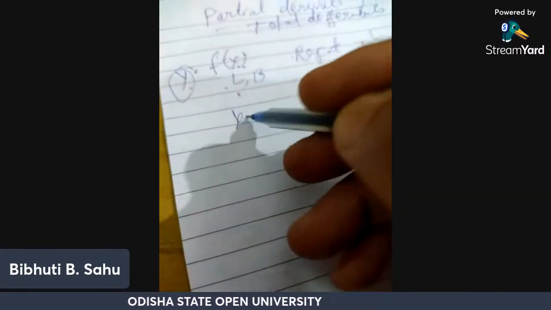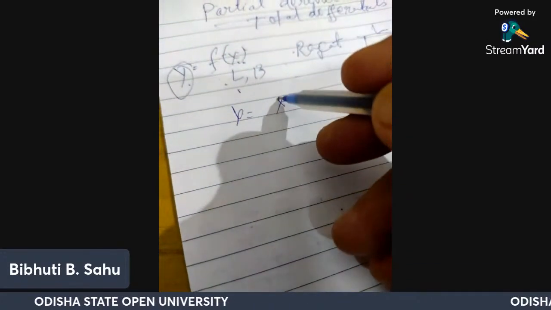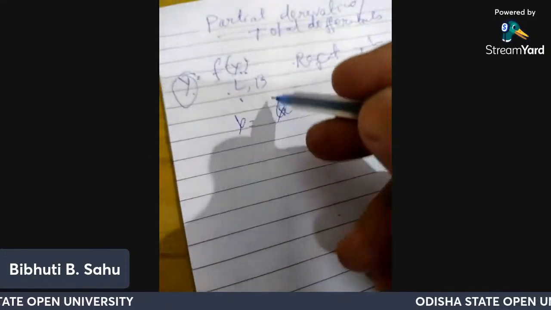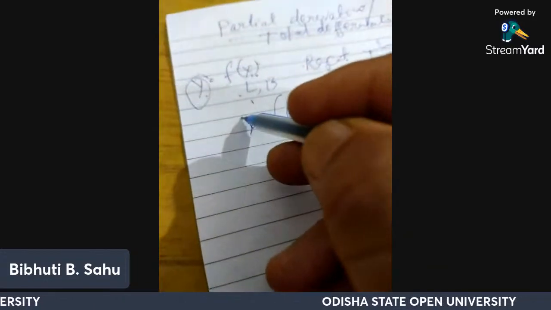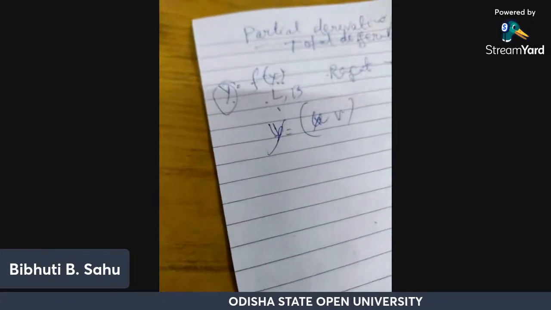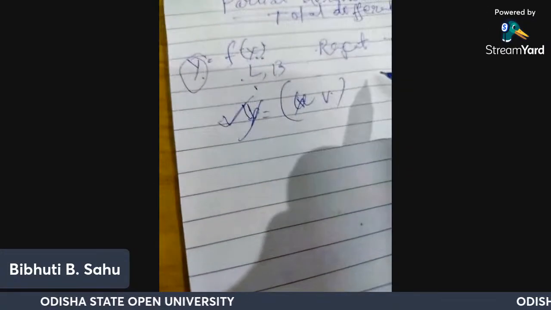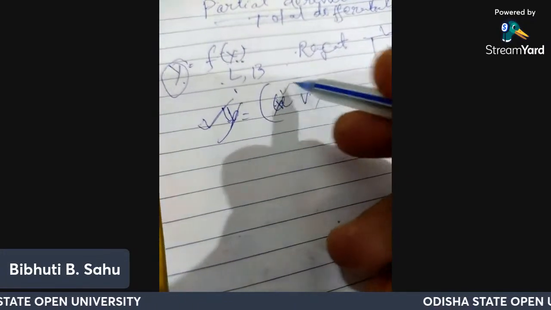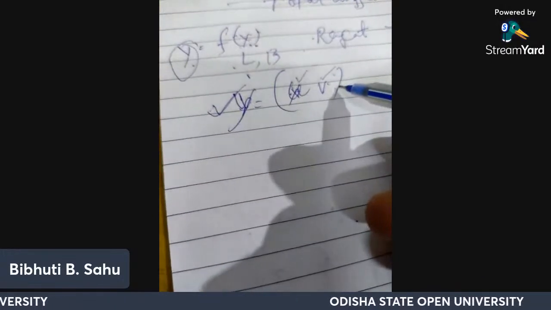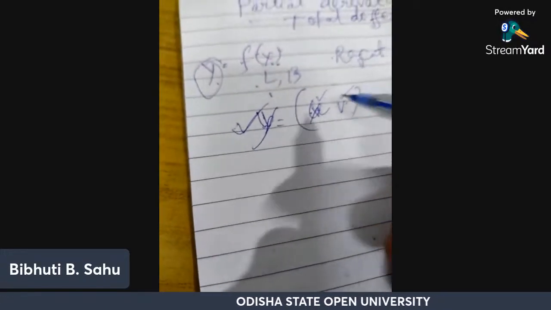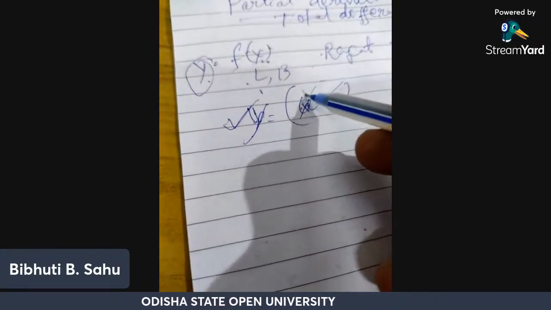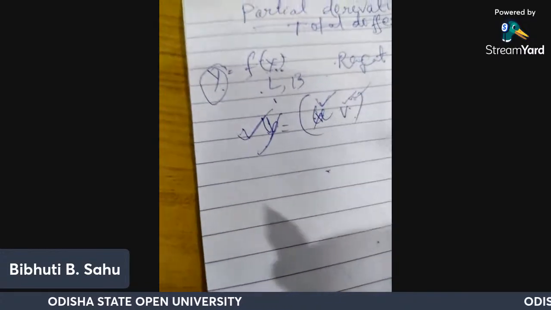Now suppose Y is a function of U and V. As the quantity of Y depends on the quantity of U and V, how can we measure the change in Y due to the change in U or change in V?